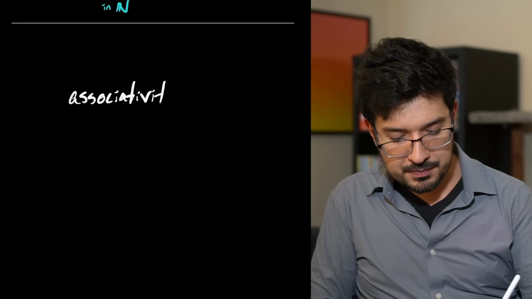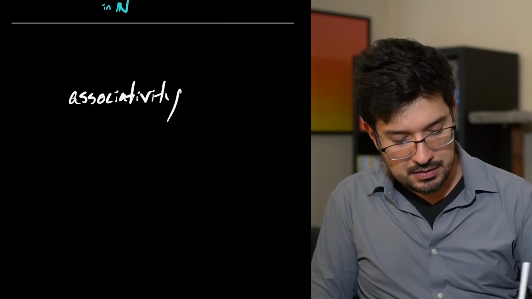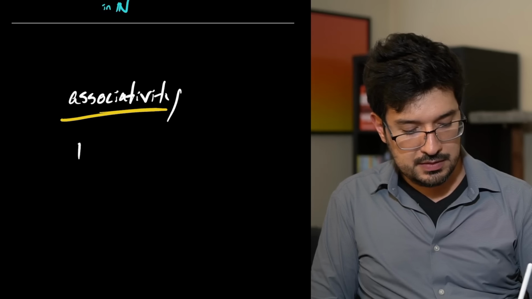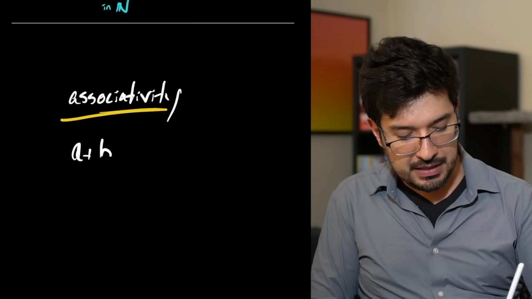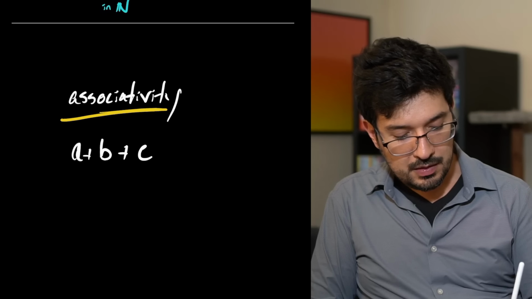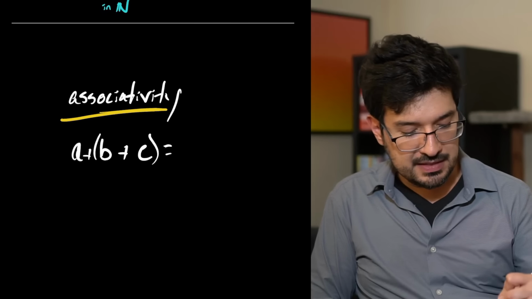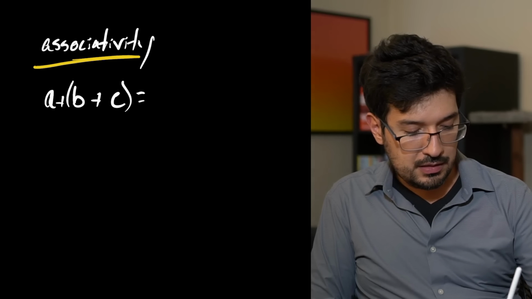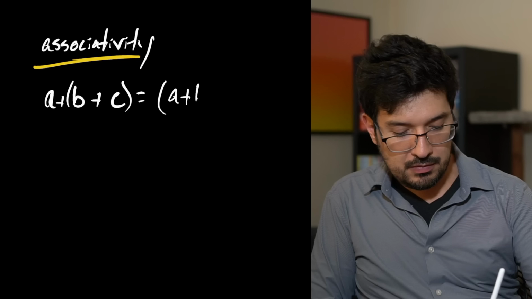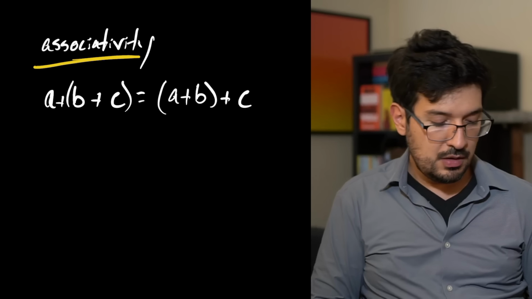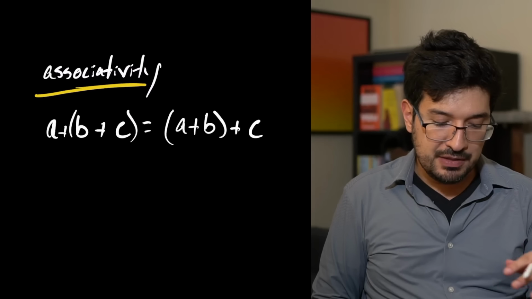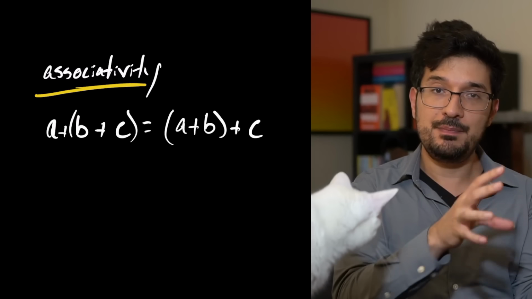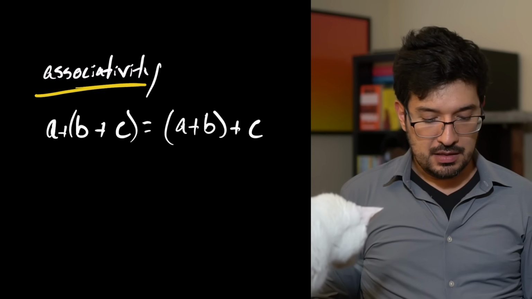Associativity. This is a pattern that says that A plus B plus C, we can group parentheses in different ways. We can add B plus C to A, or we could add C to A plus B, right?